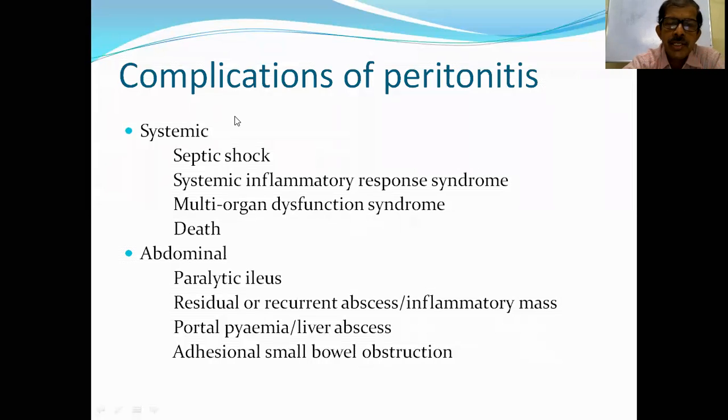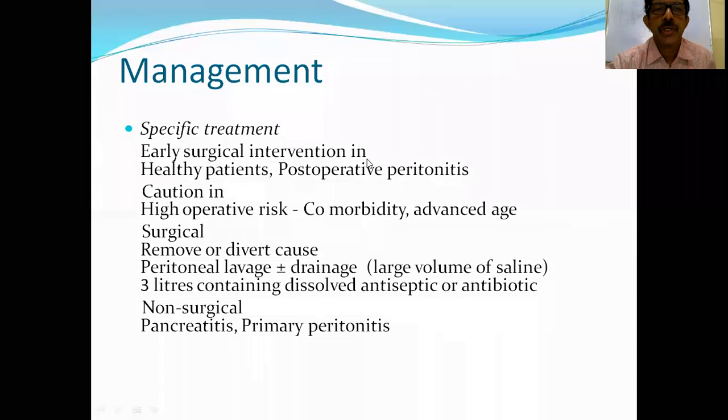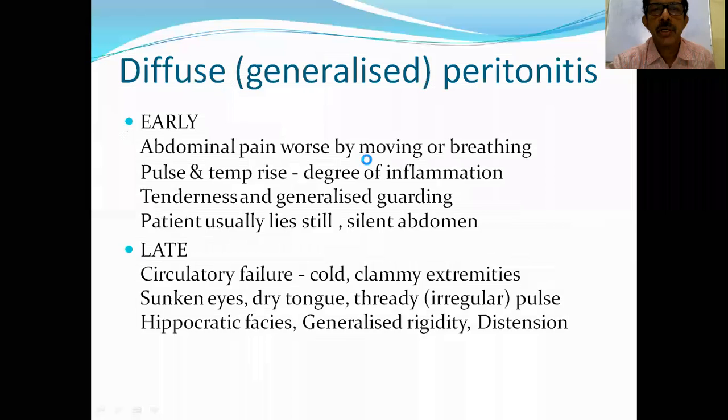Further varieties we will discuss later in the next class. If you have any doubts, you can ask me. In the next class, I think we'll go for abscess, peritoneal abscess, right? So any doubts?